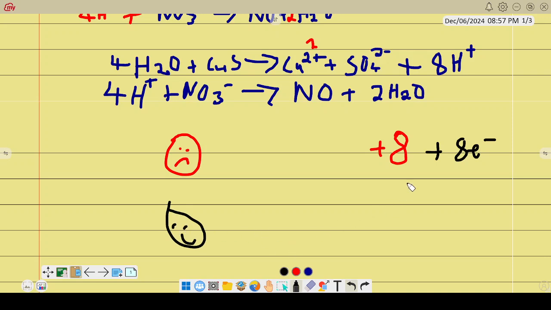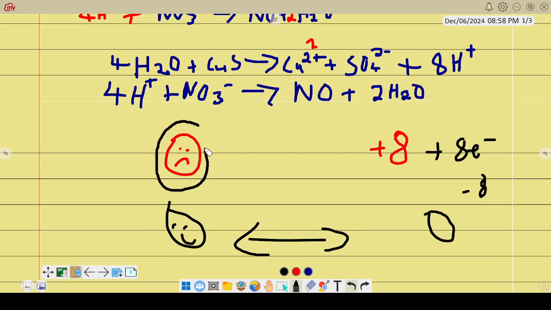So 8 plus 8 electrons, which means negative 8, is 8 minus 8, which is 0. This is how we balance electrons. You just look at the charge. Where it is more, that's where we put electrons, so that this guy who is sad can now be happy.